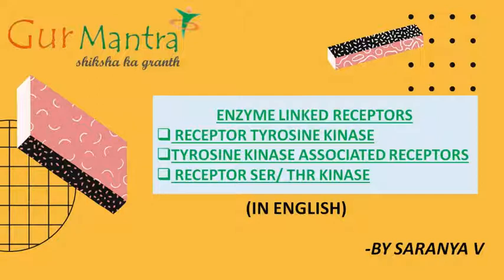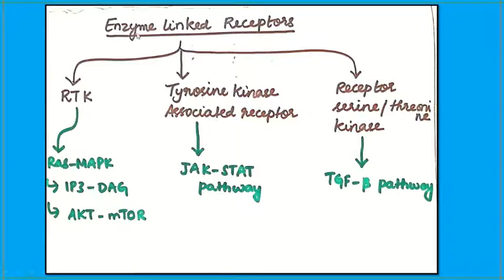Okay, so let's learn the enzyme linked receptors. Enzyme linked receptors are categorized into three: receptor tyrosine kinase, tyrosine kinase associated receptors, and receptor serine threonine kinases.